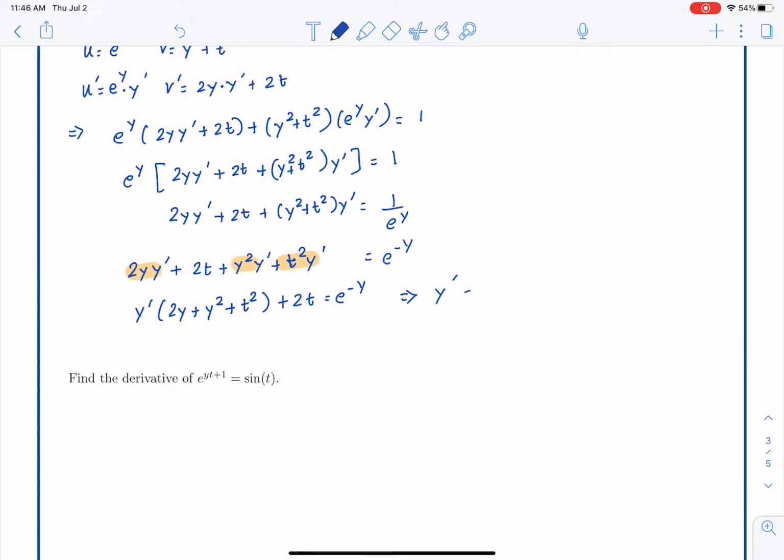Move the 2t to the other side. It would become negative 2t, and divide by that term on both sides. We have y prime equals e raised negative y, negative 2t, divided by 2y plus y squared plus t squared. Again, y prime depends on y itself implicitly.